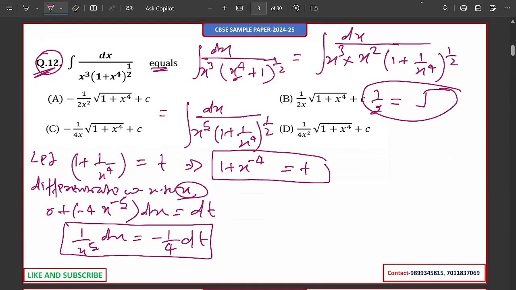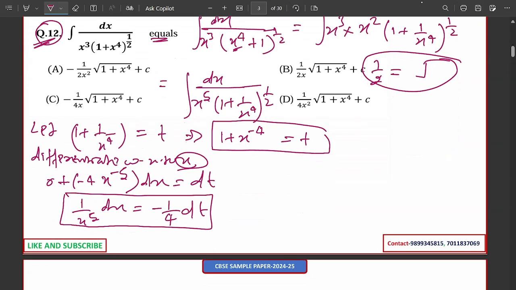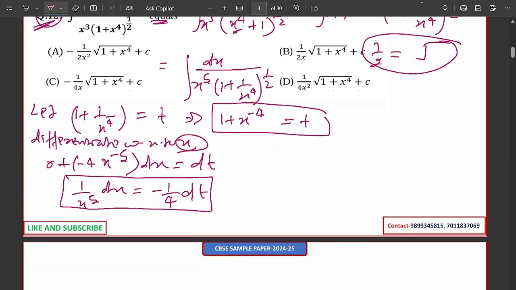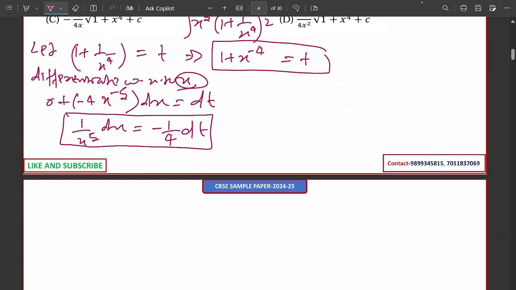Now we can integrate this question. In place of the dx term we put minus 1 by 4 dt, and t raised to the power minus 1 by 2.